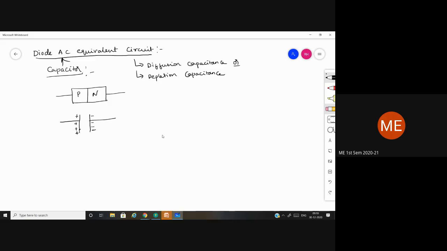Diffusion capacitance is also known as storage capacitance, and depletion capacitance is also known as transition capacitance. Diffusion or storage capacitance happens in the forward bias condition. The depletion capacitor behavior is observed in the reverse biased condition.